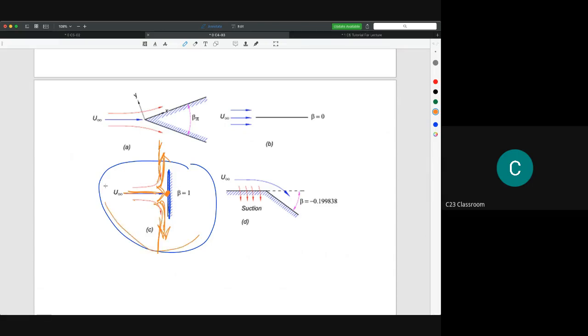This condition is called the stagnation boundary layer condition, so beta here is equal to 1. The term beta equal to 1 was determined by Falkner and Skan, because they did this research. Okay, thank you.